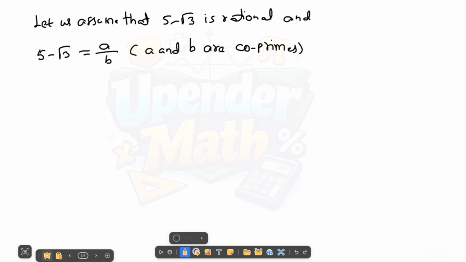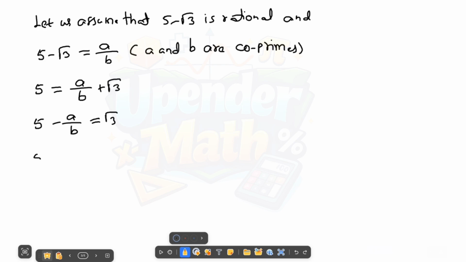So send minus root 3 to the right side. 5 is equal to a by b plus root 3. Now bring a by b to the left side. 5 minus a by b is equal to root 3.